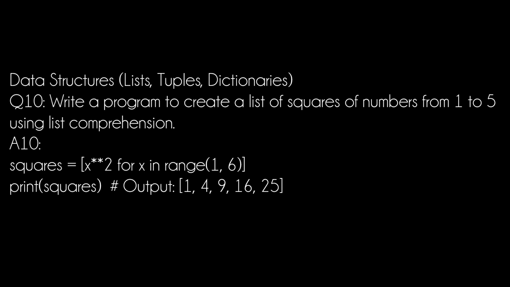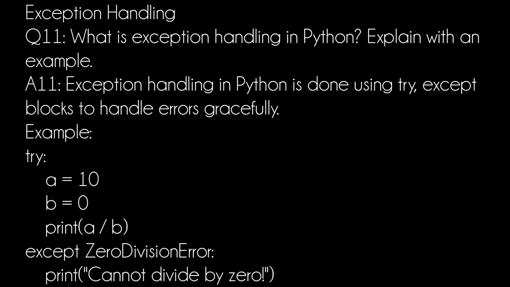Write a program to create a list of squares of numbers from 1 to 5 using list comprehension. Exception handling. What is exception handling in Python? Explain with an example. Exception handling in Python is done using try except blocks to handle errors gracefully.